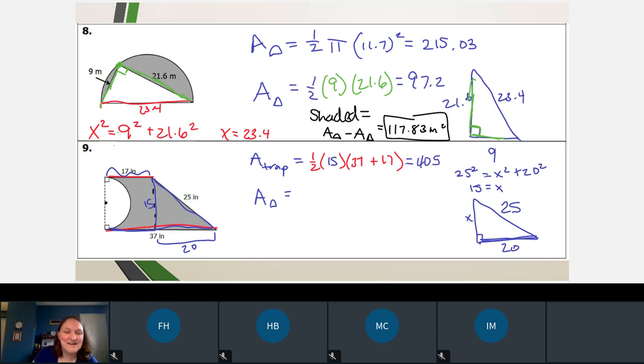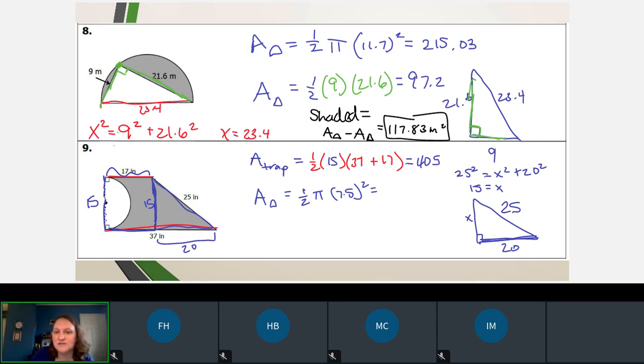Yay, good. Now we got to find the area of half a circle. A circle is pi r squared, so half a circle is half pi r squared. So if this distance right here is 15, that means this is 15, which means that my radius is half of 15, 7.5.